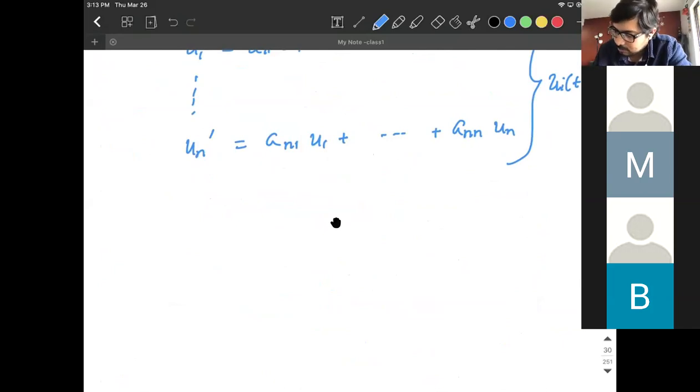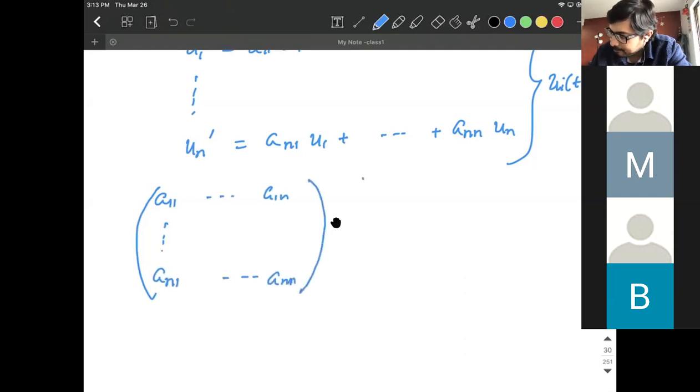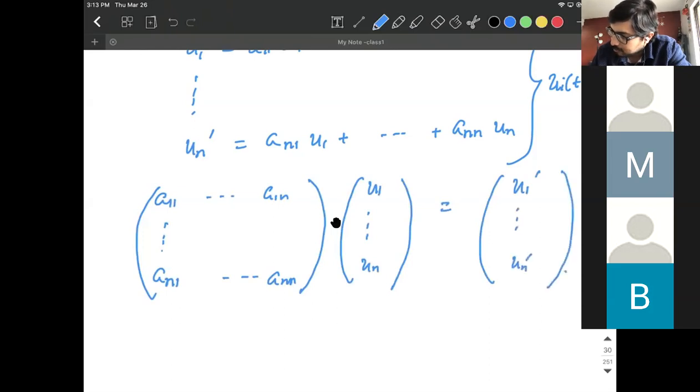So something like this: A11, A1n, and so on. The multiplication is matrix multiplication, although these are functions.